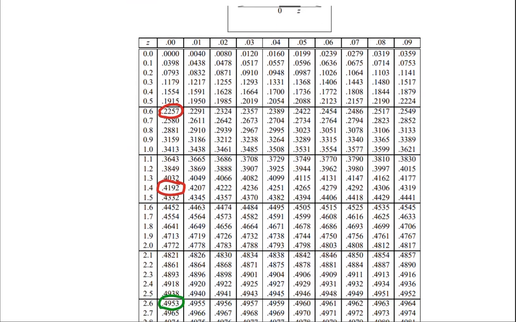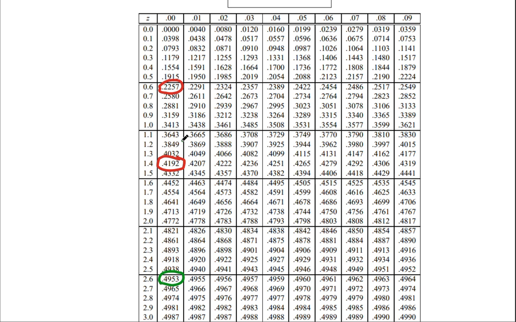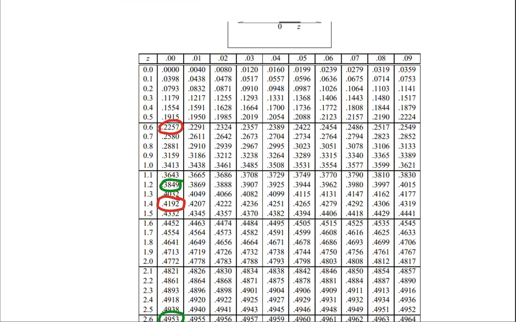So we go down to the half table and we're looking for 0.3849, which is right here. The value is 1.20. That's our answer. So A would be 1.20.